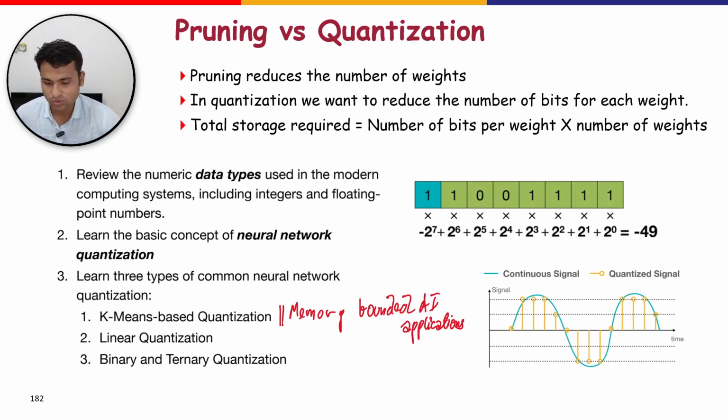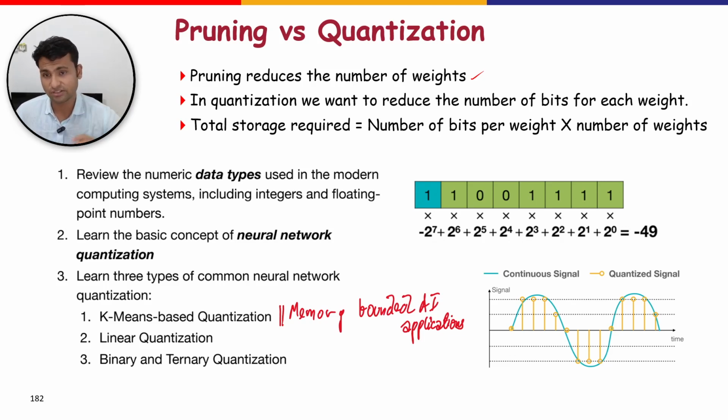Alright, so in tomorrow's lecture, lecture 5, we'll be discussing pruning, but just to give you a heads up, here is the difference between pruning and quantization. In pruning, we're reducing the number of weights in general, the total number of weights which we learned to calculate and characterize in lecture 3.